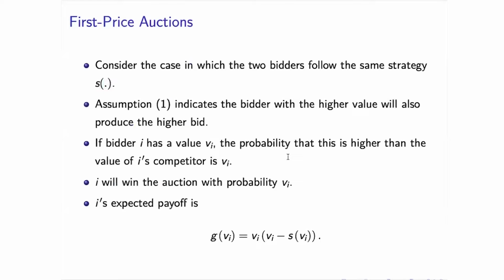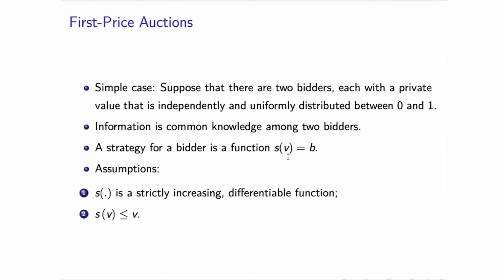So what's the implication of this? Imagine that bidder i has value Vi, right? Because both of them are using the same strategy function S, the probability that this is higher than the value of the competitor is also Vi, right? How do we get that? Basically from the assumption that the valuation is uniformly distributed between 0 and 1.